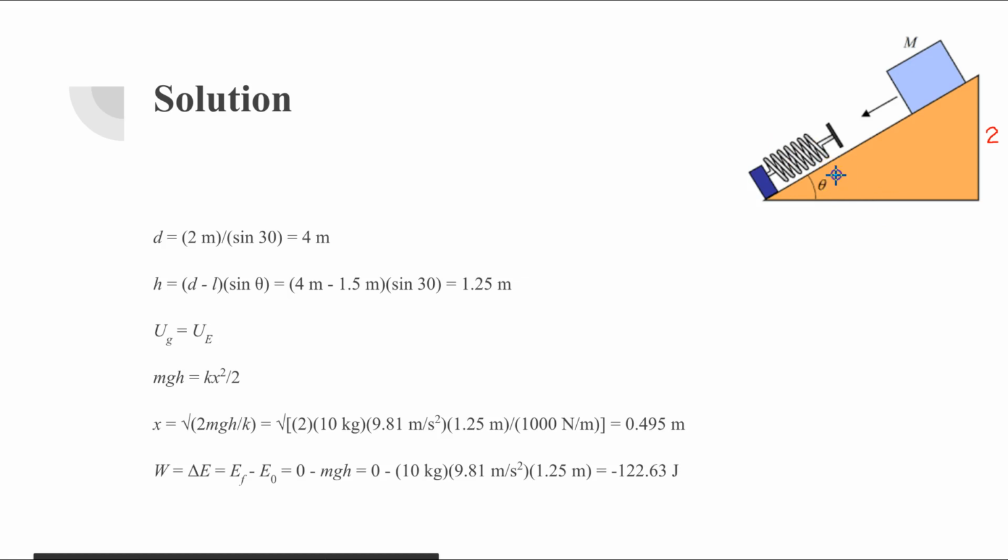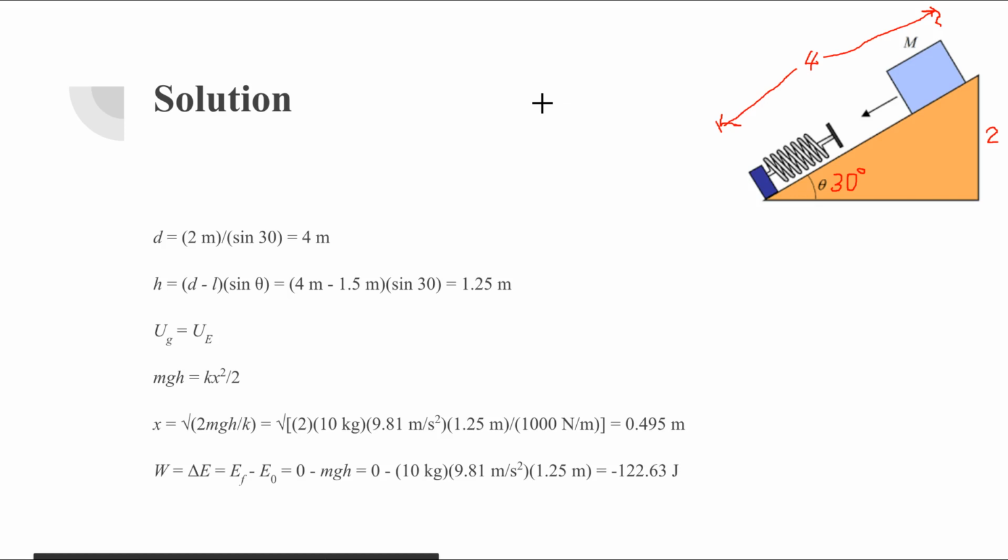You could either use trigonometry to find the total length, the hypotenuse, the length of the inclined plane, or you could just use 30-60-90 triangle relationships, and you can find out that this hypotenuse will be equal to 4. And you'll see why I'm even doing this right in the next step.